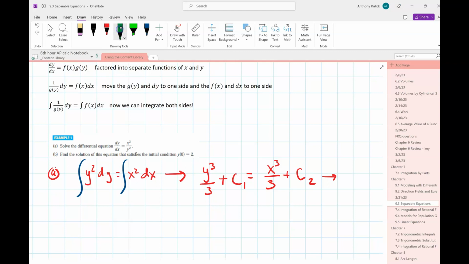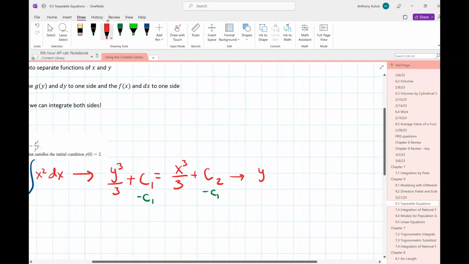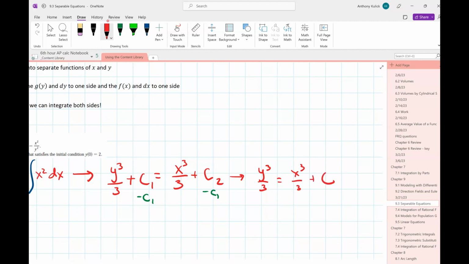So if I subtract c1 from both sides, c2 minus c1, I'm just going to call that the constant c. Everybody's okay with that? Since a constant minus a constant is just another constant.